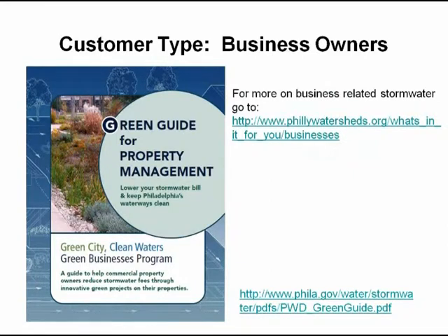Some similar ideas for business owners, looking at some of the larger business properties in the city and how they can lower their stormwater bills by implementing some green measures.